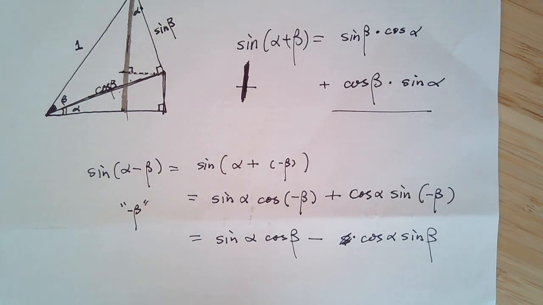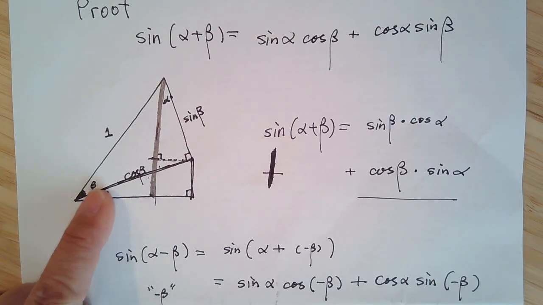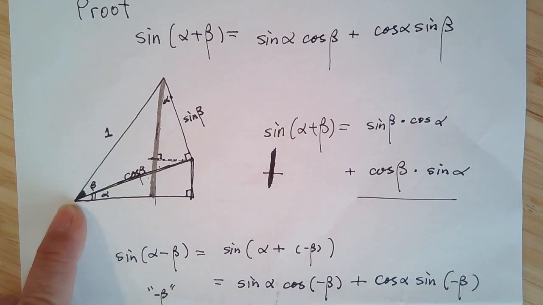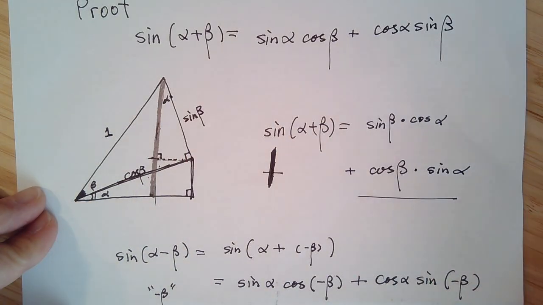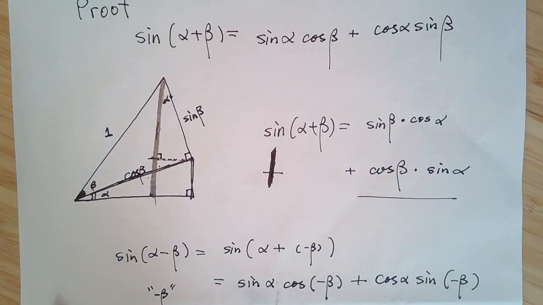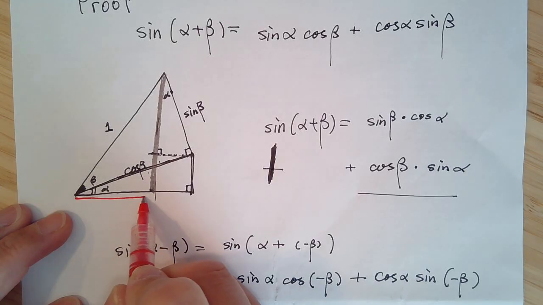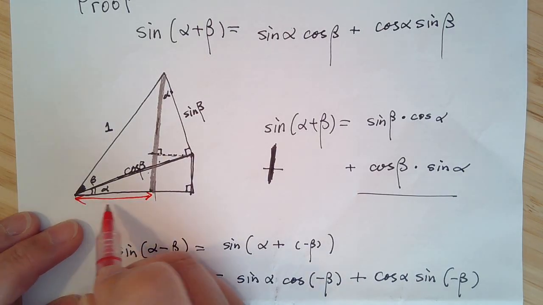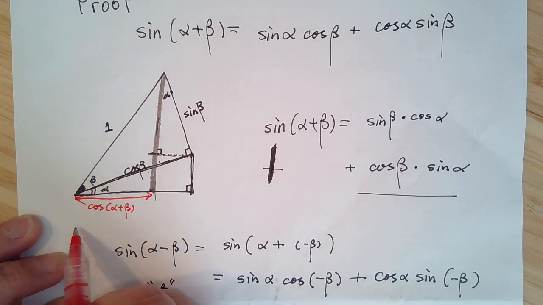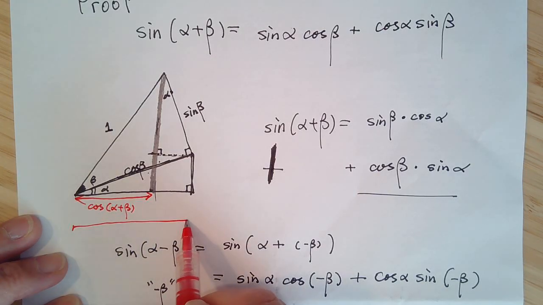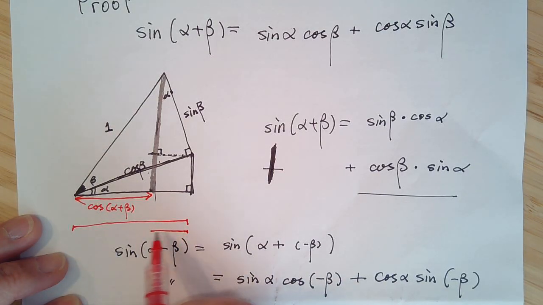And then very similarly, you can get this length, this part, which is cosine alpha plus beta. Let me change the color. This part is my cosine alpha plus beta, and that should be the longer part subtract the shorter part.